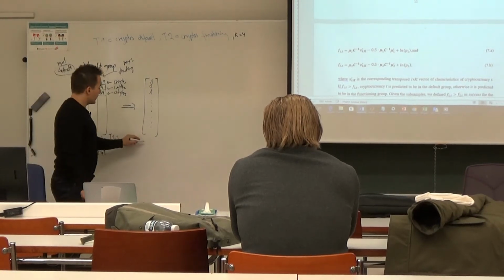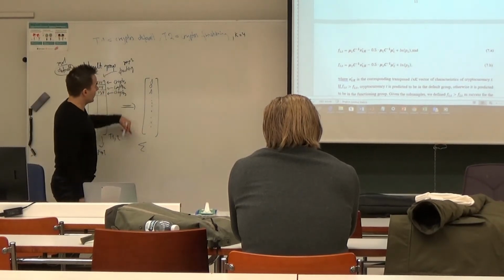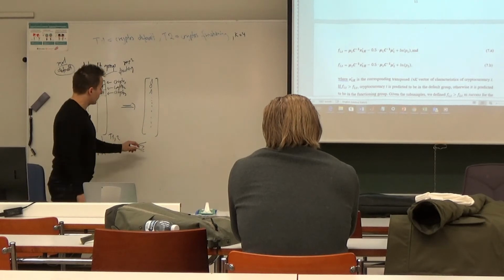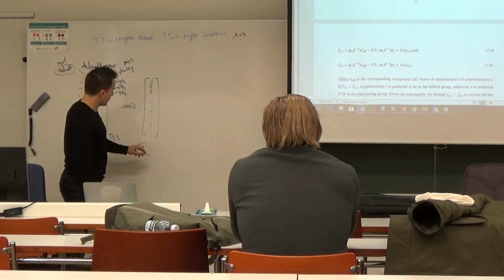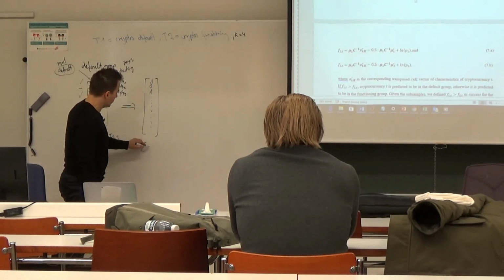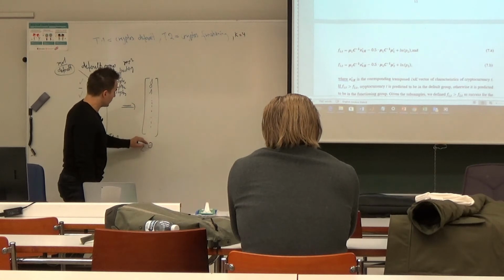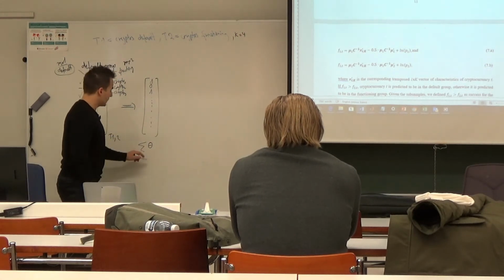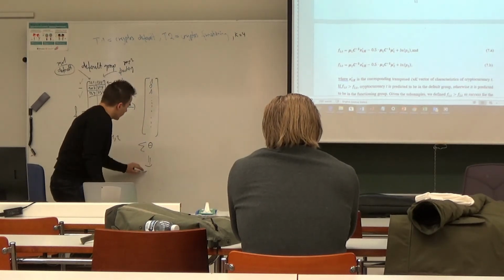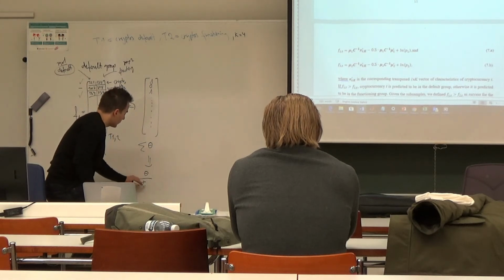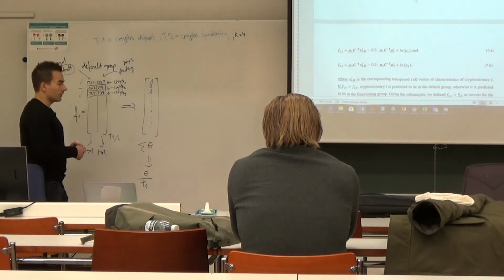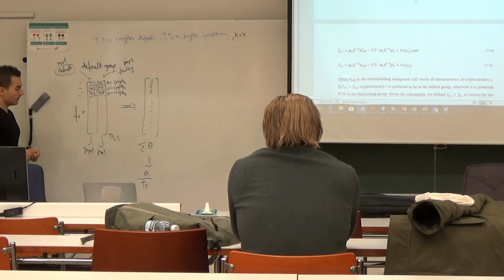So if we take the sum of this indicating vector here, then we get a certain value. Let's call it theta. Okay? The sum is theta, and we know that theta divided by T1 gives us the predictive power.